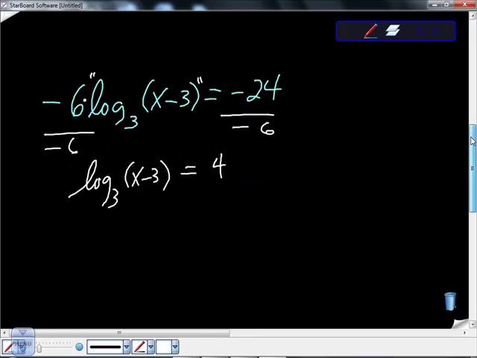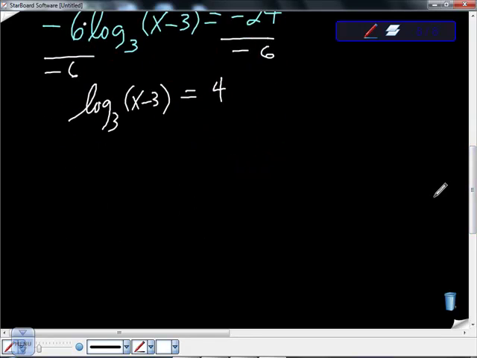Now what? Now exponentiate. Remember that this is our base right here, and this is its exponent. So I'm going to take 3 to this power, set equal to this.